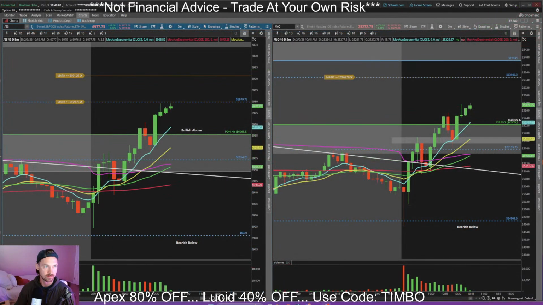ES is close. Only issue is we're extended from the EMA, so if it's not going to go, I'm going to get trailed out. Alright, I'm about to get trailed out here, I think. Oh, hold on. I got it tight on my stop right now.